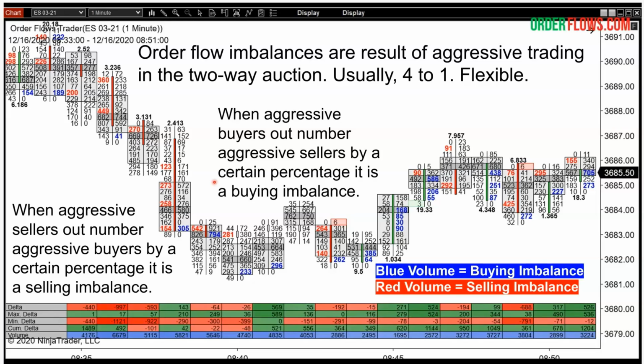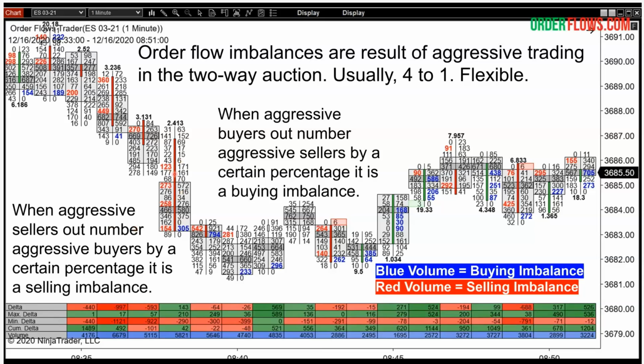So when aggressive buyers outnumber aggressive sellers by a certain percentage, it's considered a buying imbalance, and it's going to be a blue number in the footprint. The volume will appear blue, as you can see. On these green bars here, you have buying imbalances. When aggressive sellers outnumber aggressive buyers by a certain percentage, it's considered a selling imbalance, right?